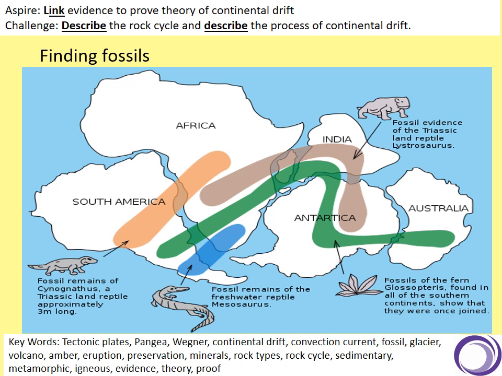So not only did he find fossils of plants and animals that mapped bands across those different continents and land masses that he'd suggested were originally joined together, but he also found rock types in those areas that also matched up.